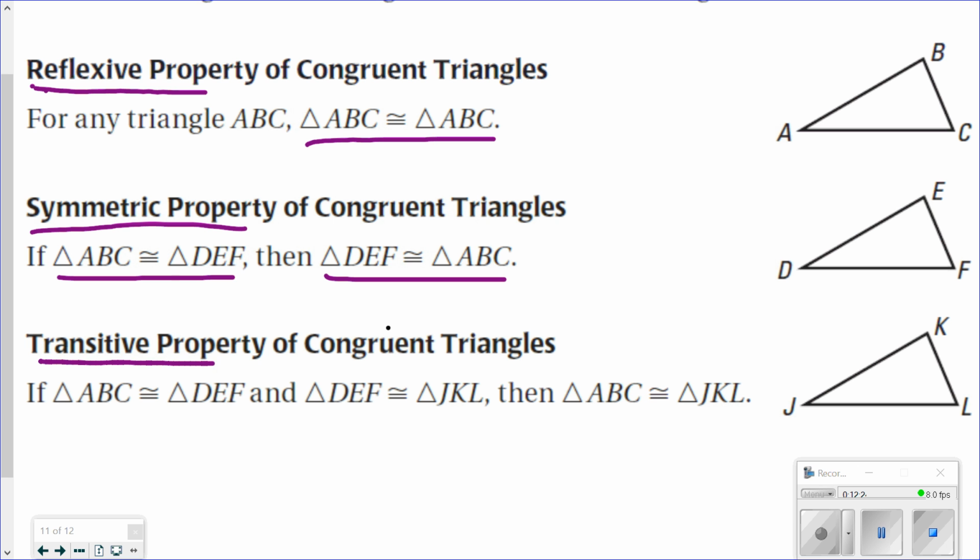And finally, the transitive property: if triangle ABC is congruent to triangle DEF, and triangle DEF is congruent to triangle JKL, then triangle ABC is congruent to triangle JKL. I would definitely write these in your notes.